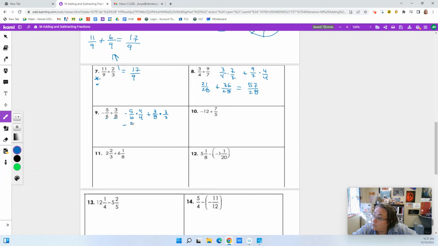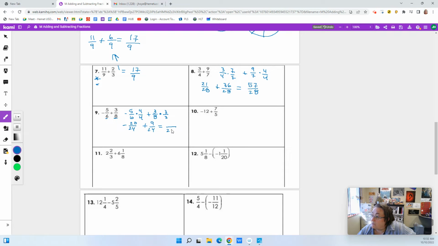5 times 4 is 20 over 24. Notice I put that minus there, right? Because we don't want to lose track of the fact that that's a negative. And then we're going to go, okay, plus 3 times 3, well, that's 9 over 24. And now that we have those common denominators, we know that that's going to stay the same.